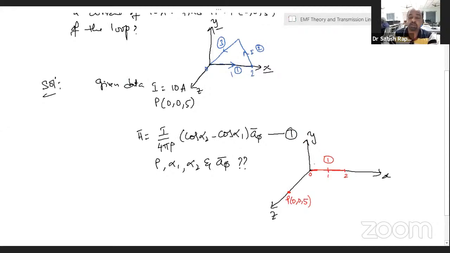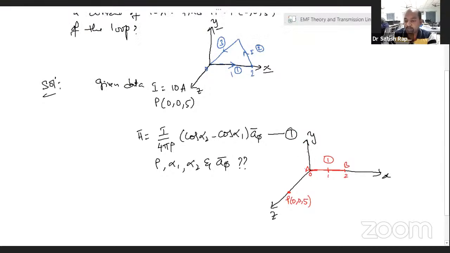So what is the procedure? Join the lower end, the end which is nearer to point P. Let us say this is A and this is B, so A is the lower end.